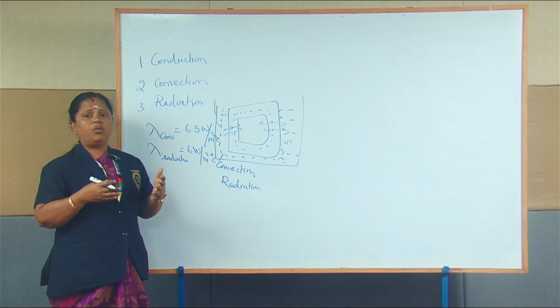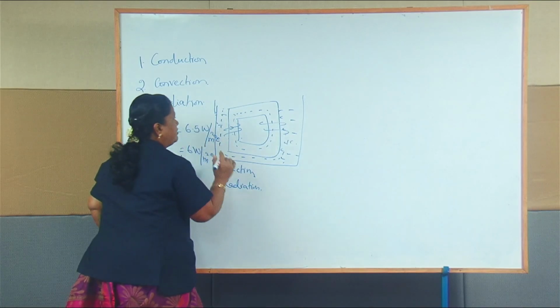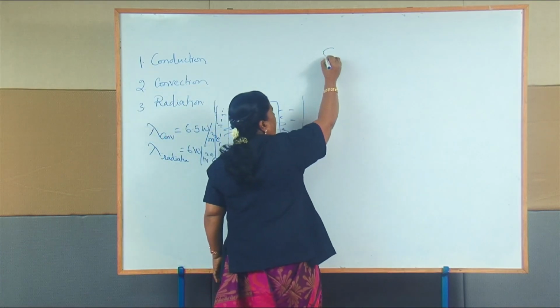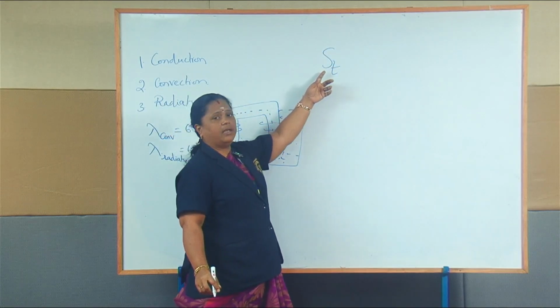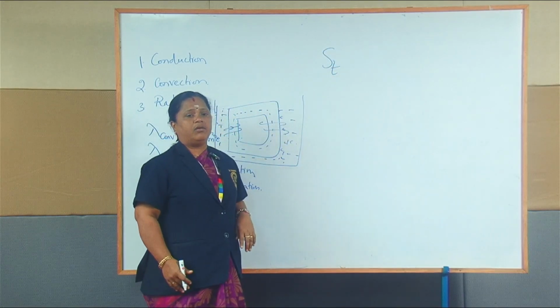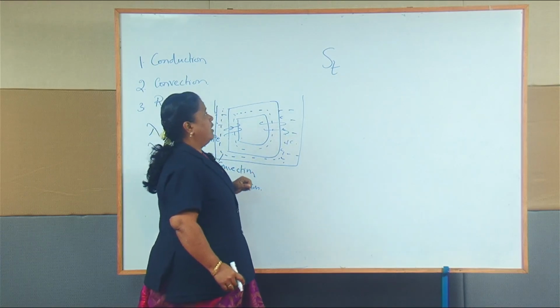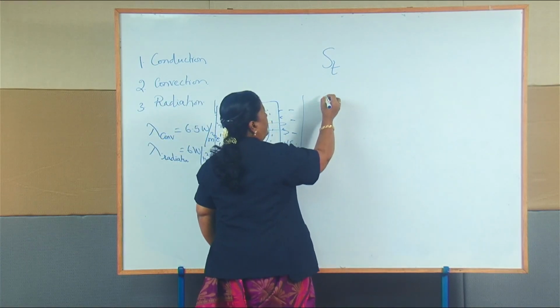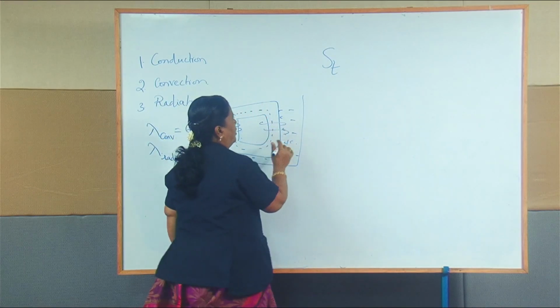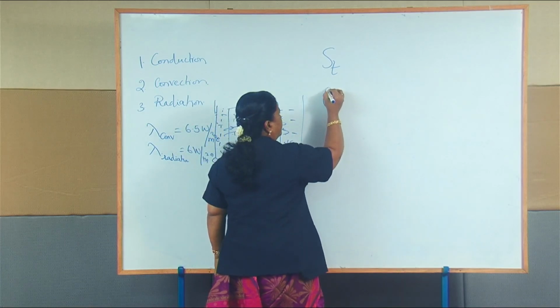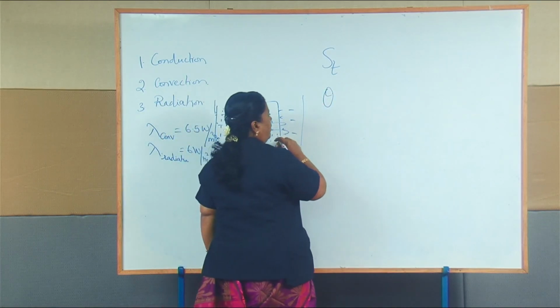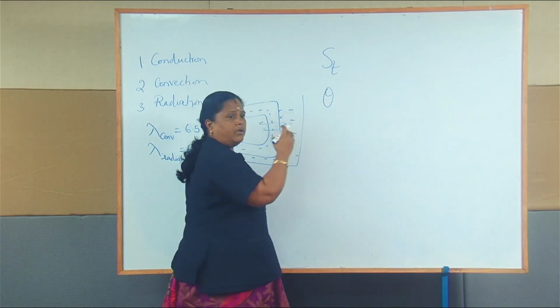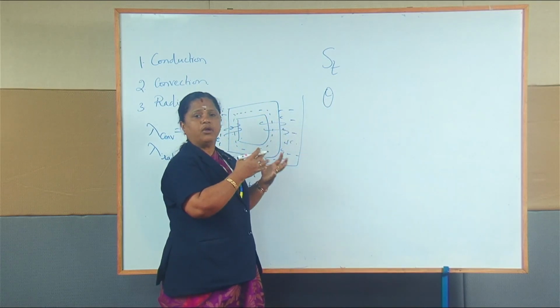Let us represent the surface area of the tank as S suffix T. The temperature rise of the transformer, let us assume as theta, and the heat produced in the transformer is due to the losses.